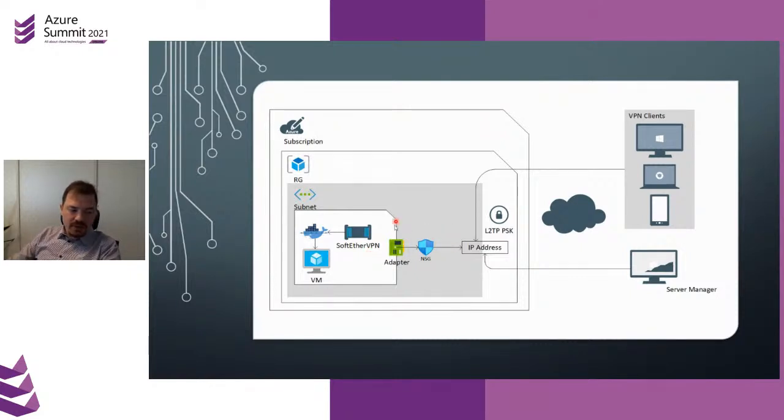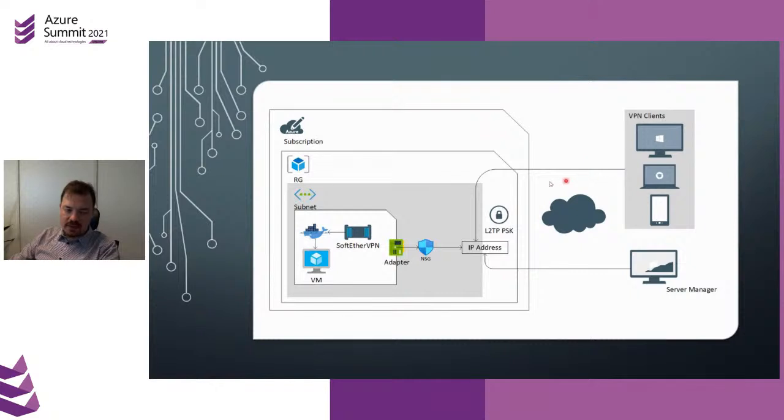Also, inside a subnet, we would get a network adapter connected with a network security group, which will play the role of a firewall for our network. It will open some particular ports to connect to our virtual machine from our VPN clients and from our management solutions.